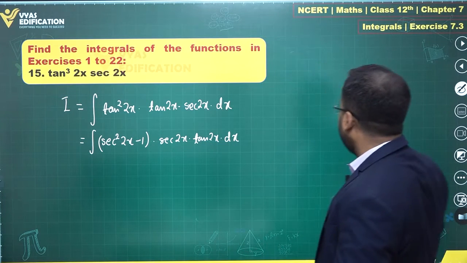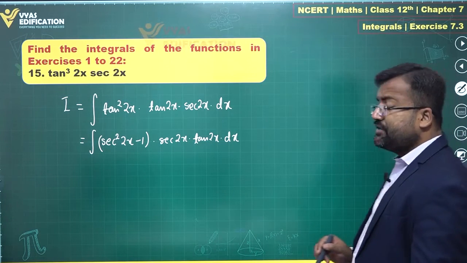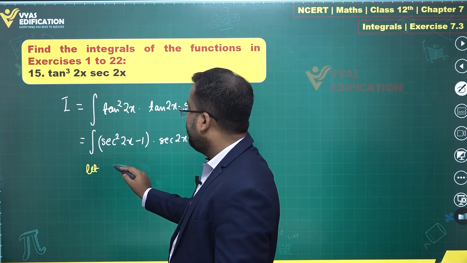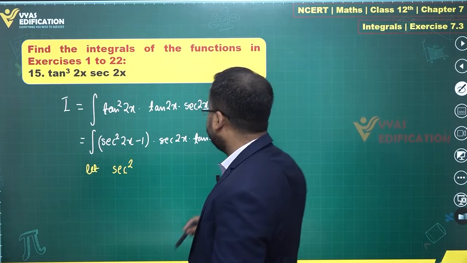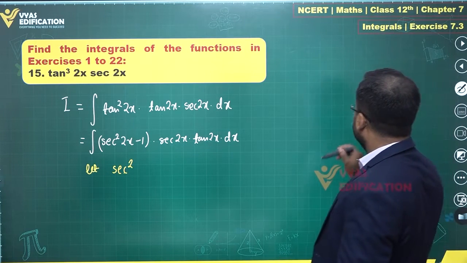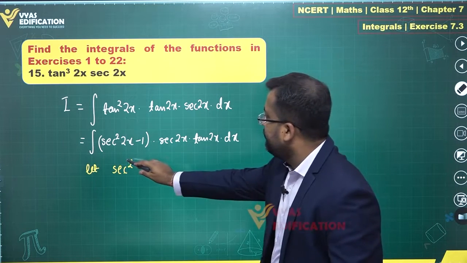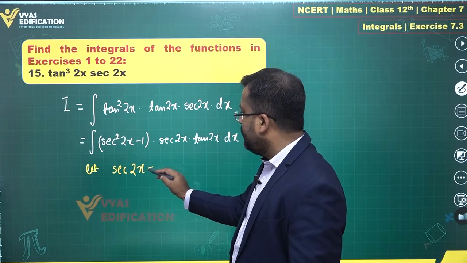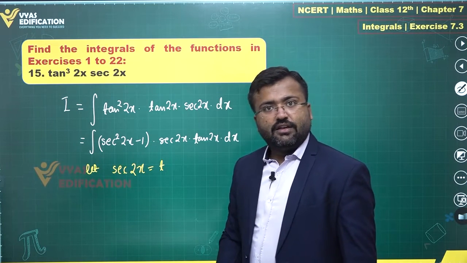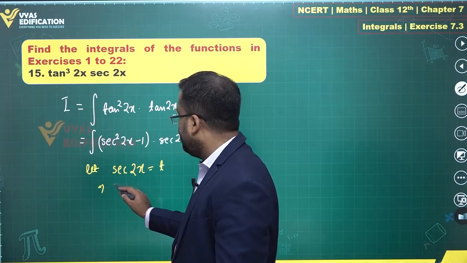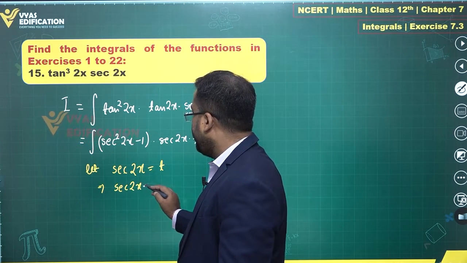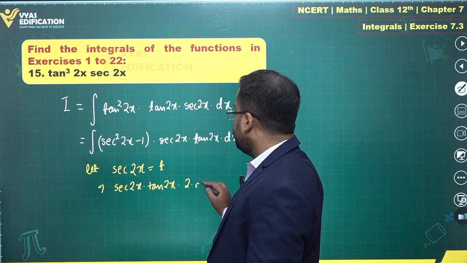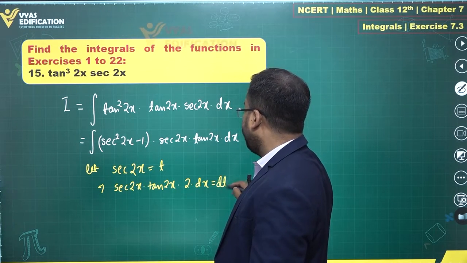And now comes the important step of substitution. Let sec 2x, not sec square x, sec 2x, let sec 2x is equal to t. If sec 2x is equal to t, then the differentiation: sec 2x times tan 2x, derivative of 2x will be 2, times dx is equal to dt.